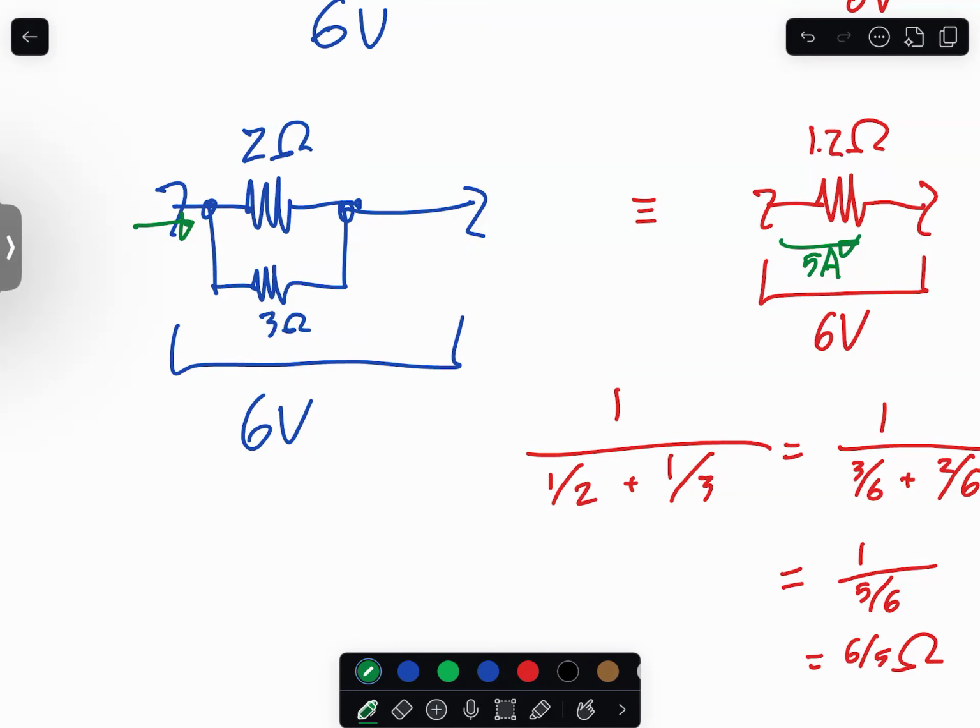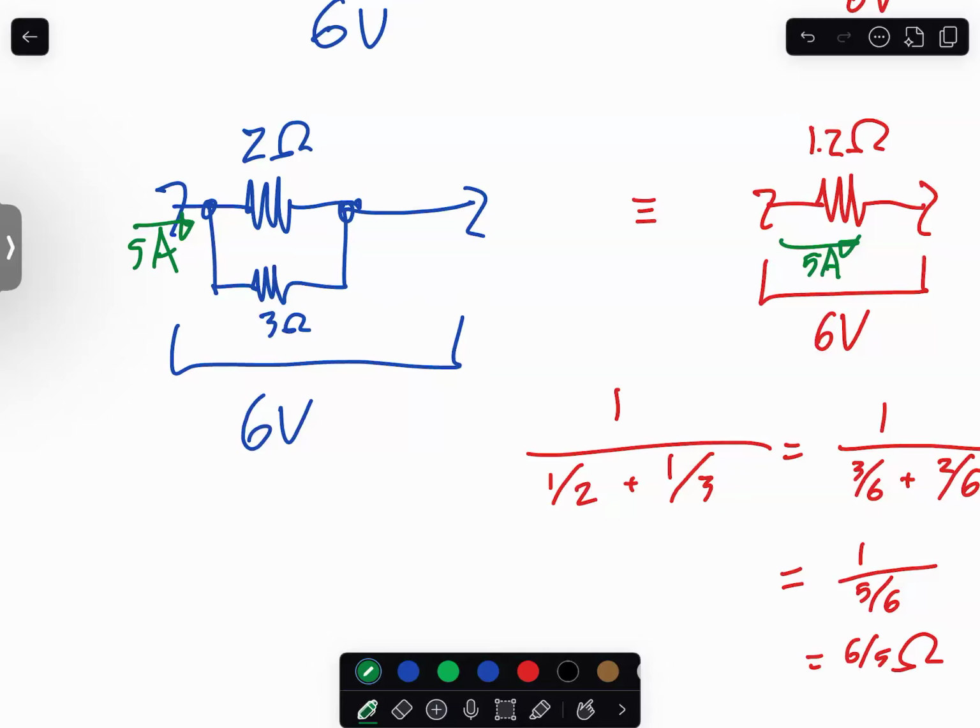As I just said, equivalent means same volts, same amps. Does that mean 50-50, 2.5, 2.5 amps?